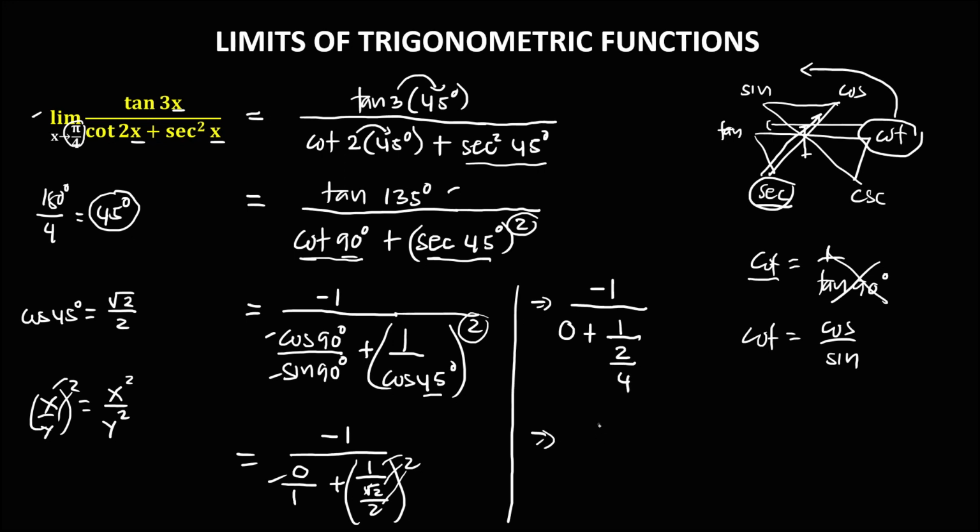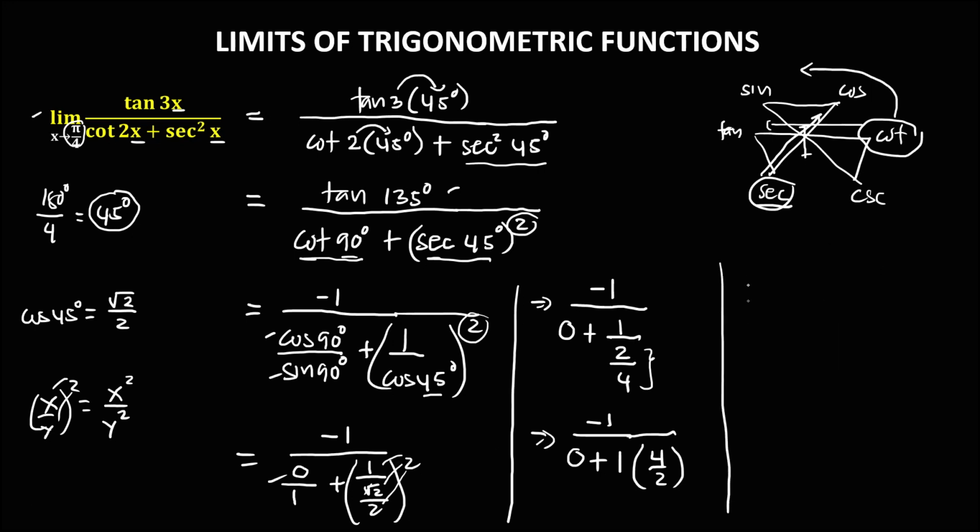Then to simplify, this is negative 1 over 0, plus 1. Take the reciprocal of this denominator, so times 4 over 2, and this is the reciprocal of 2 over 4.